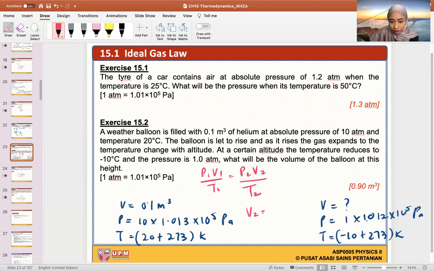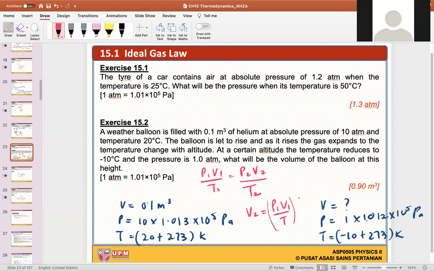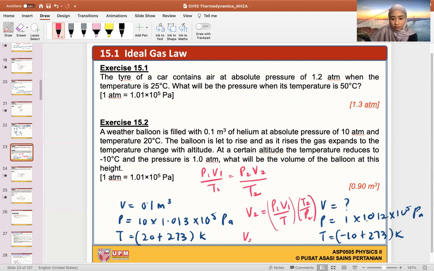The equation will be P1 V1 over T1 multiply T2 over V2. And we substitute the value. So jawapan awak sama tak? Sama. 9 meter cube. Okay, I hope everyone used the same equation that Hajar used.